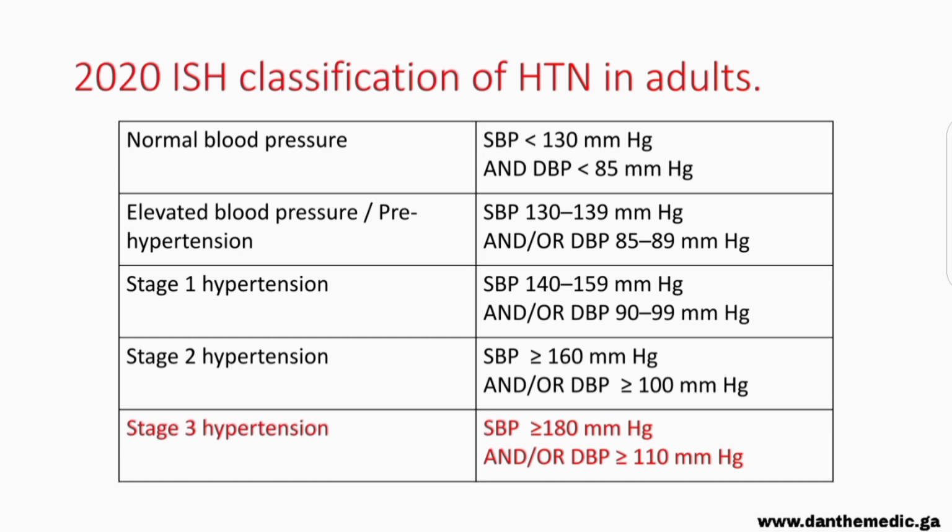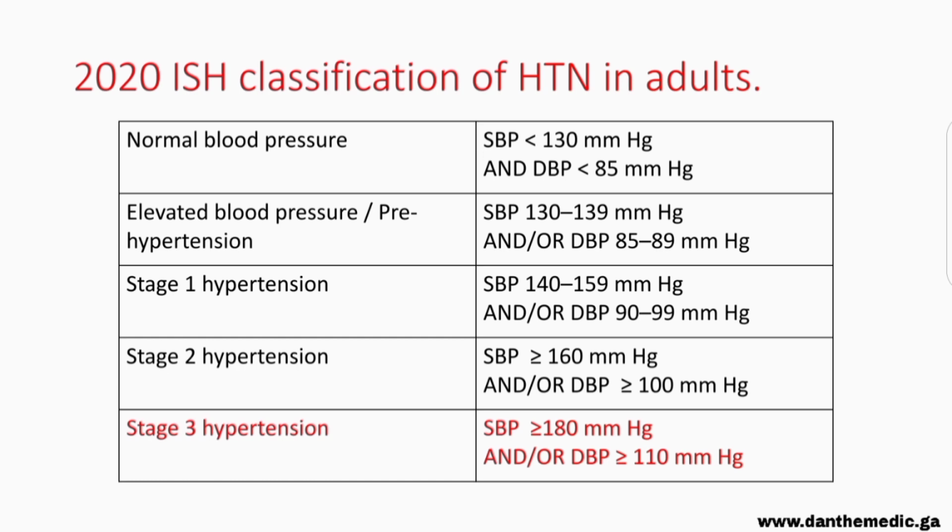Then stage 1 hypertension is systolic blood pressure that is between the ranges of 140 to 159 millimeters of mercury and or diastolic blood pressure between the ranges of 90 to 99 millimeters of mercury. Then stage 2 hypertension is defined as systolic blood pressure that is greater than 160 millimeters of mercury and or diastolic blood pressure that is greater than or equal to 100 millimeters of mercury.